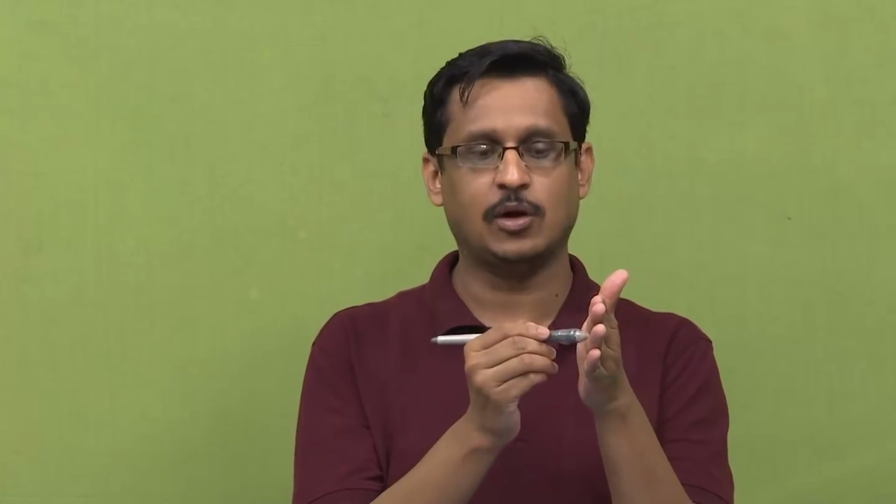Similarly, the magnetic field will also be the same, but they will be in pairs. If the electric field is along the x axis, the magnetic field will be along the y axis, and if the electric field is along the y axis, the magnetic field will be along the minus x axis. There is a relationship between these two, which we will see in the next module, which tells you that the direction of electric field cross h should point in the direction of wave propagation.